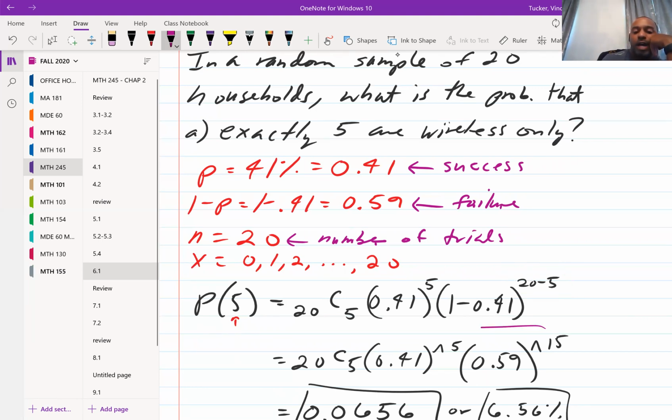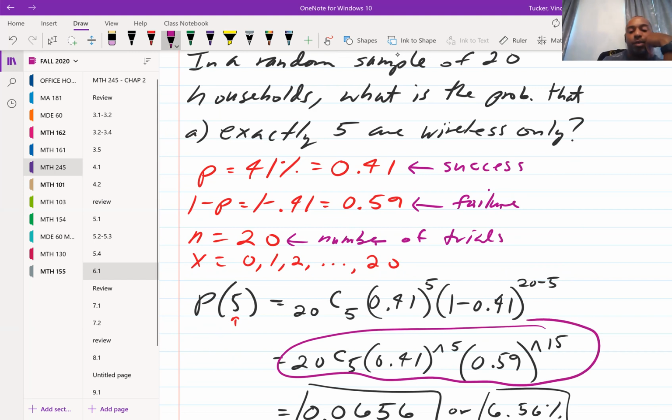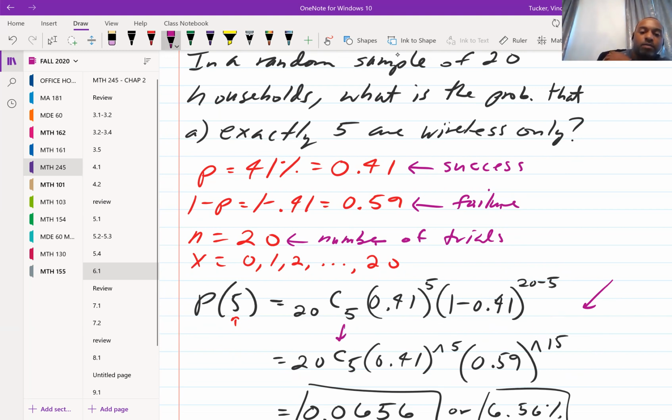So now, if you have a scientific calculator, you can put it in this way. And notice the symbols that I've used, parentheses, the hats to raise stuff to the exponent, the combination versus permutation formula right there. So notice we don't substitute anything in for C. That's an actual formula.